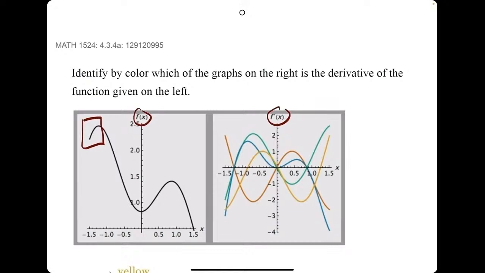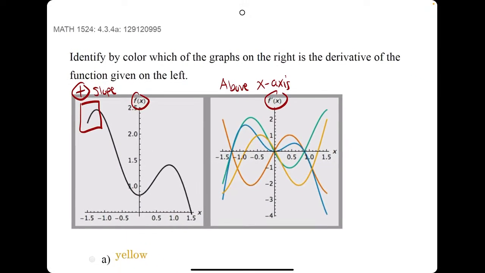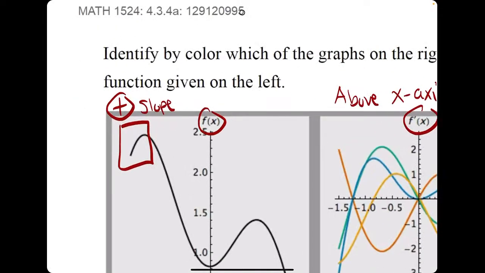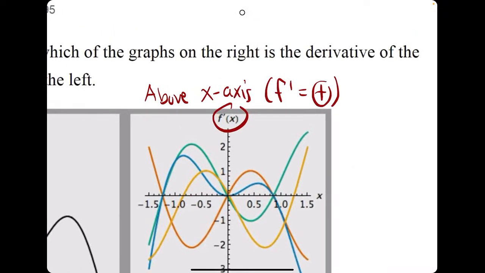So positive slope or negative slope, because where this has a positive slope indicates where f prime should be above the x-axis, because above the x-axis means that f prime is positive. F prime corresponds to the slope, so if the slope is positive, f prime should be positive.